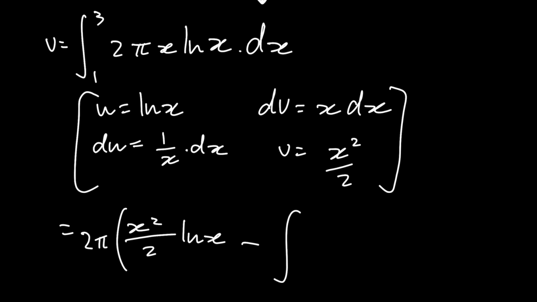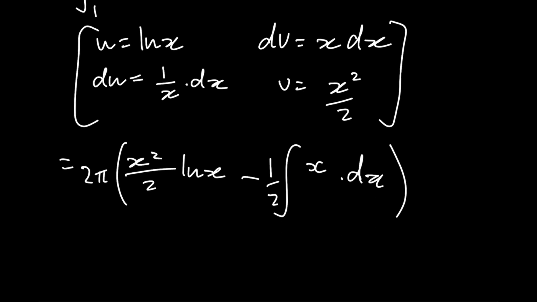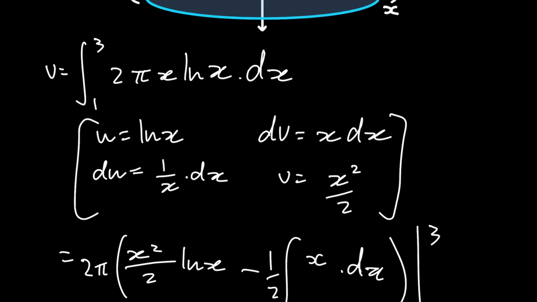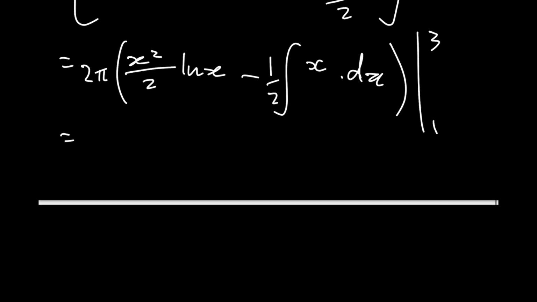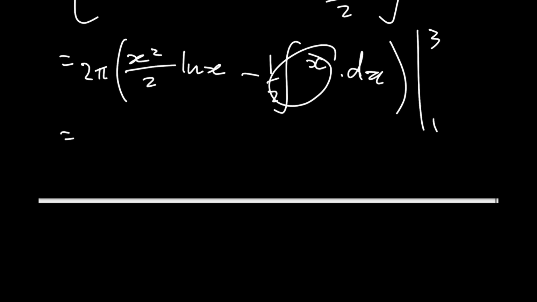So that's x squared over 2 times 1 over x, and x squared over x is just x, so that's x over 2. But I can take out that 1 over 2, and now we're integrating just x, from 1 until 3. Those are our limits of integration. Solving this integral, the integral of x is x squared over 2.